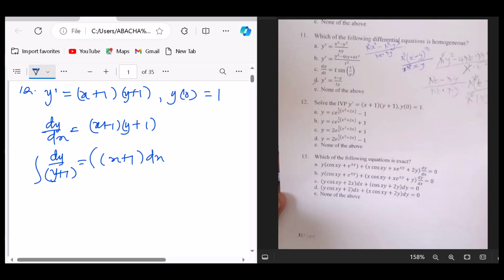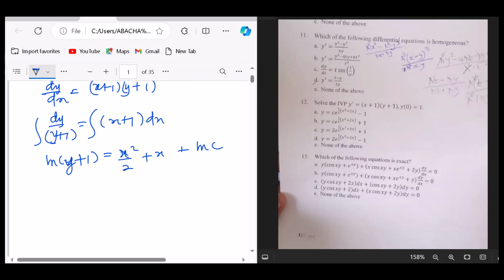And solving this, we have ln of y plus 1 equals x squared over 2 plus x plus, let me say, ln c, based on the answers to the question.